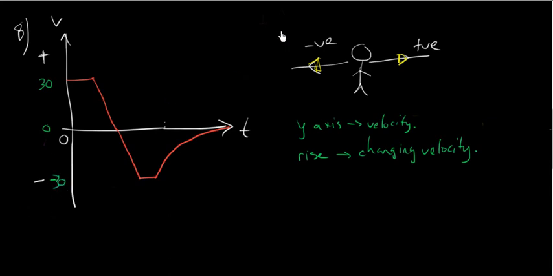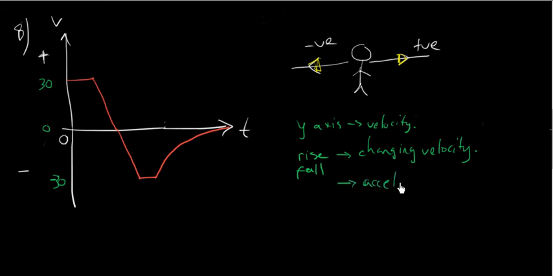This guy here I'm going to delete because he's getting in the way, but we don't want to forget it's negative, so we'll say here that it's negative. A rise or a fall or any kind of change on the y-axis means a changing velocity, and so it just means an acceleration. It immediately means an acceleration.